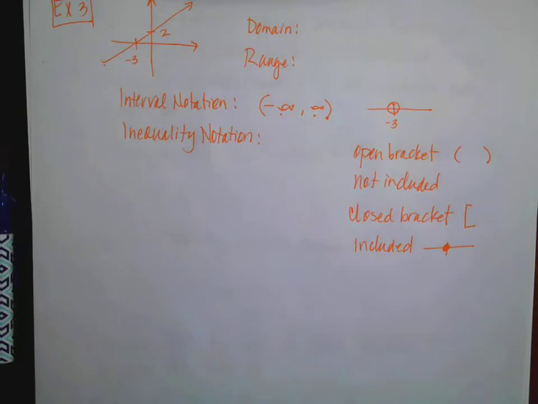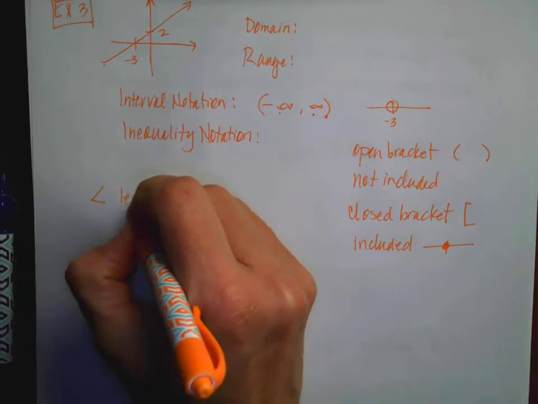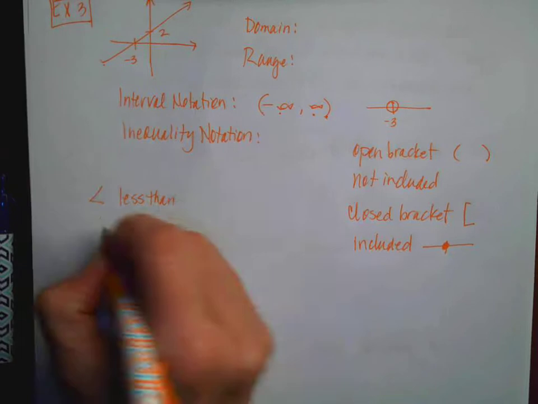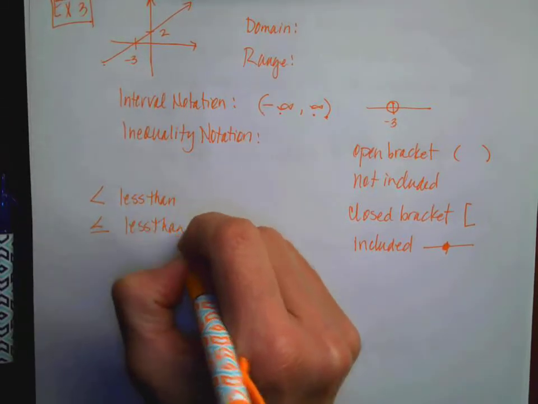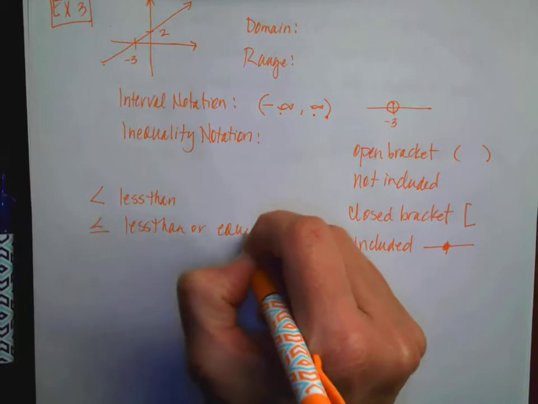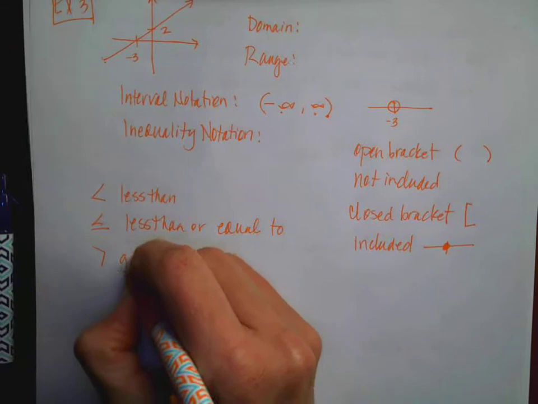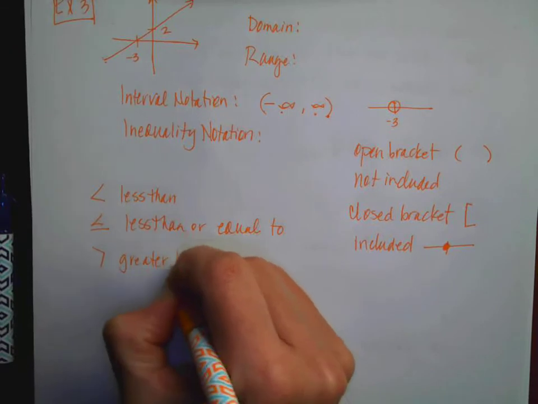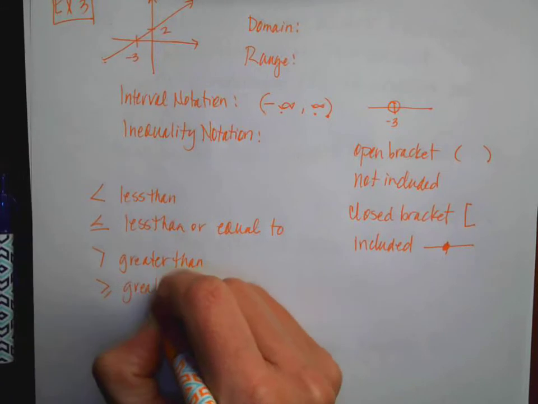For inequality notation, remember that this symbol means less than. This one means less than or equal to. Okay, and then this symbol is going to be greater than, and then greater than or equal to.